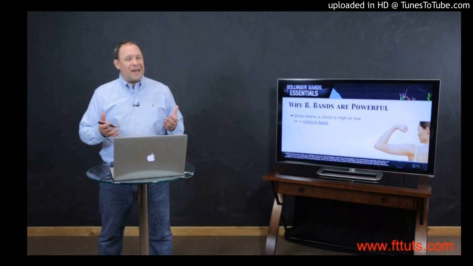Buy on the touch of the upper band. This is what you're looking for here. If you look at this picture I've got on the screen, this is where the trade's starting to take place right here. We touched the upper band, we pulled back for 2 days, and then we pushed right outside. That is your buy signal. That's where you want to start getting into this trade. And what you're going to notice is oftentimes it'll walk up the band, it'll pull back to about the 20 period, it'll keep walking and pull back.